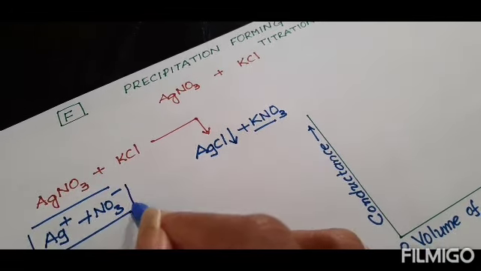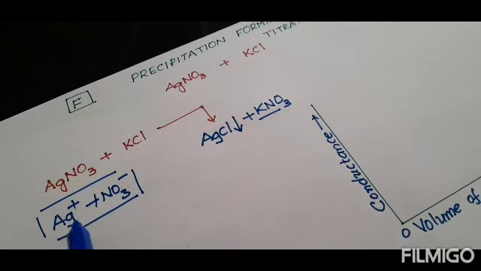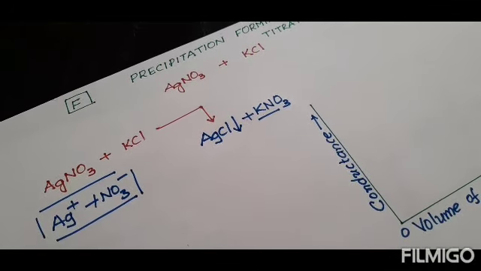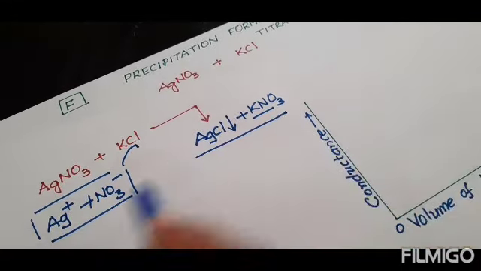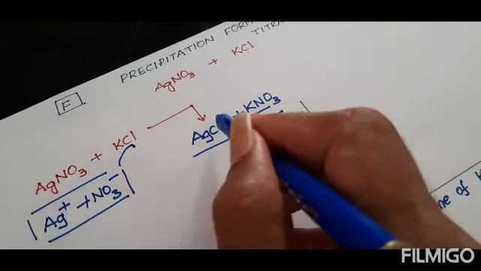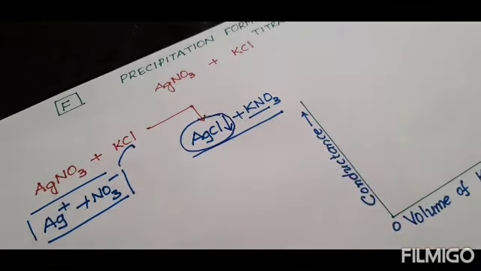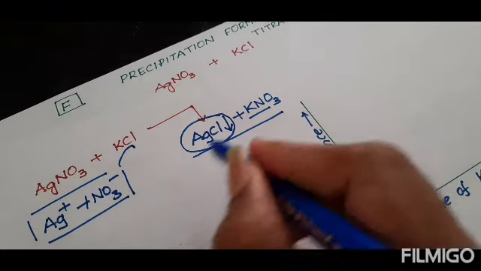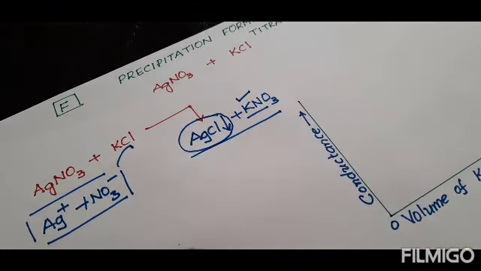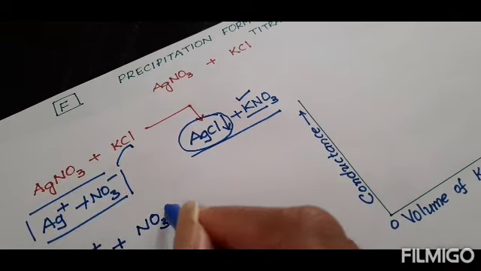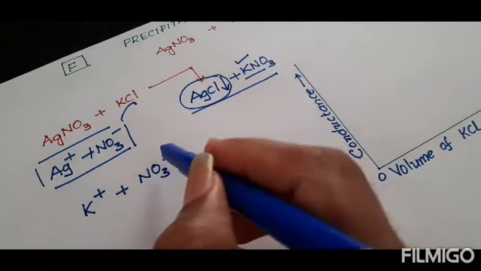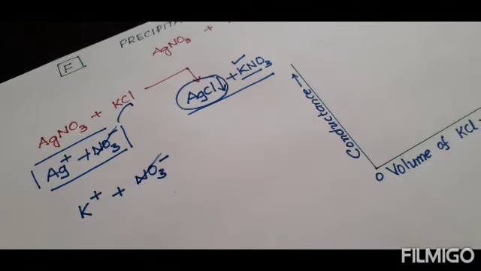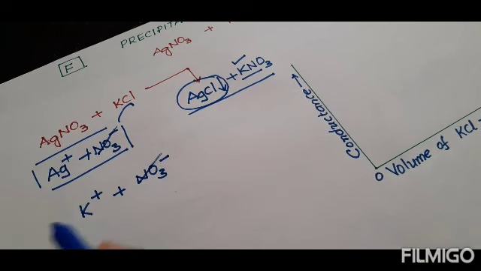Initially, before adding the titrant, Ag plus and NO3 minus ions are present. After addition of the KCl, we have AgCl and KNO3. AgCl is a precipitate. It will never contribute to the conductance. You have KNO3, so what are the ions present? K plus and NO3 minus. So before and after, NO3 minus ion is there, so it can be considered as a spectator ion.